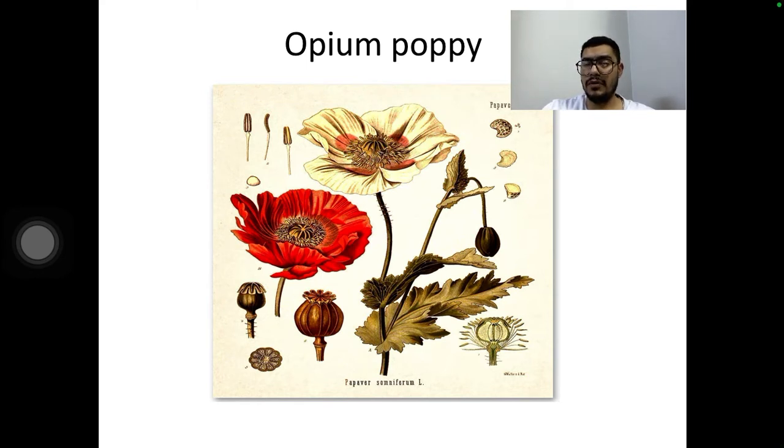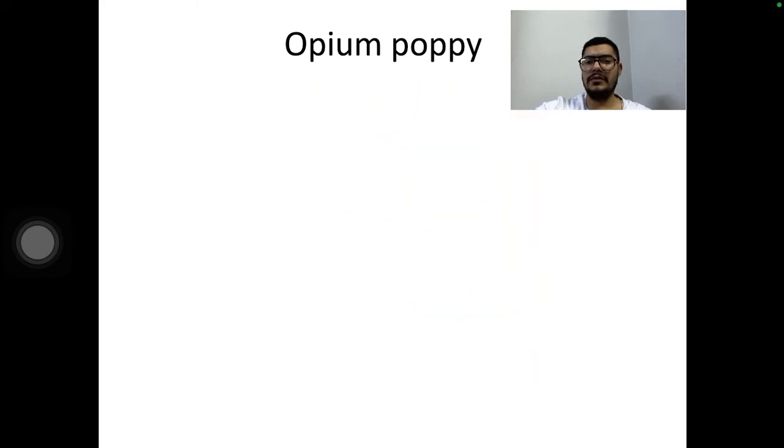This part, the ball, contains the seeds, and we could extract a chemical compound from this part. So let's give a description of this plant.